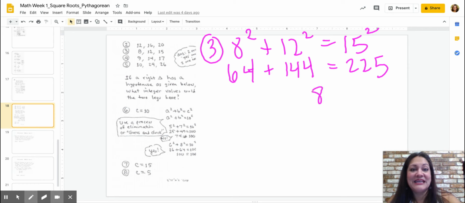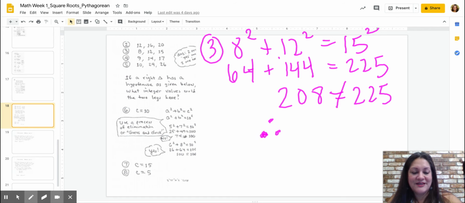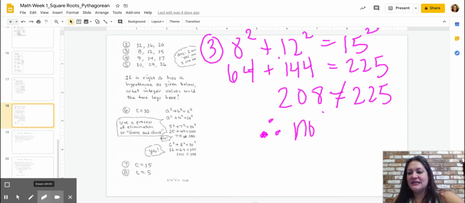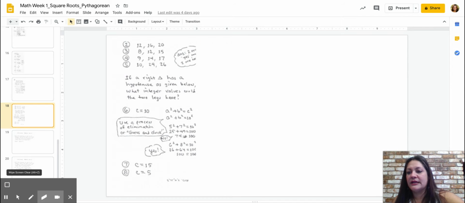And 6 plus 14 gives me 20. So 208 does not equal 225. Therefore, not. 2 yeses, 2 no's. This one's going to be a no. Can't win them all, right?